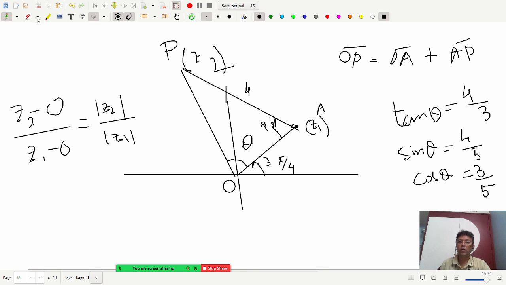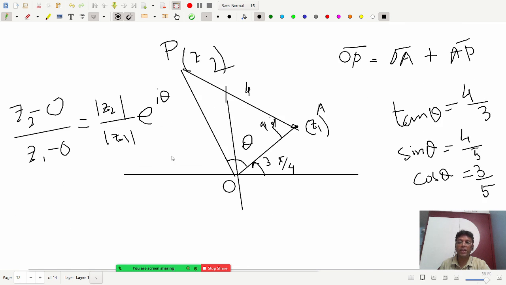And you can write Z2 minus 0 over Z1 minus 0 equals modulus of Z2 by modulus of Z1 into e to the power i theta.